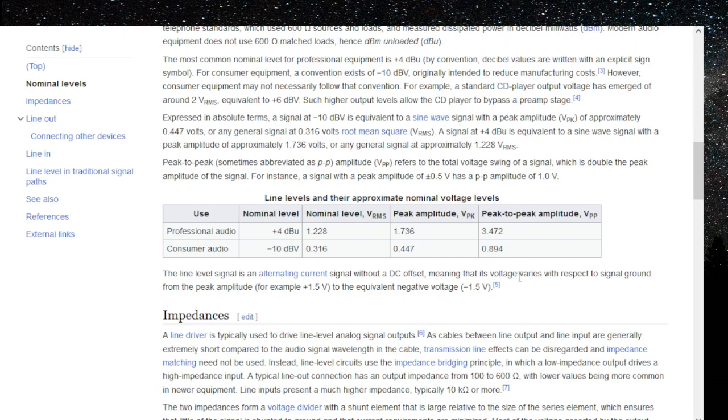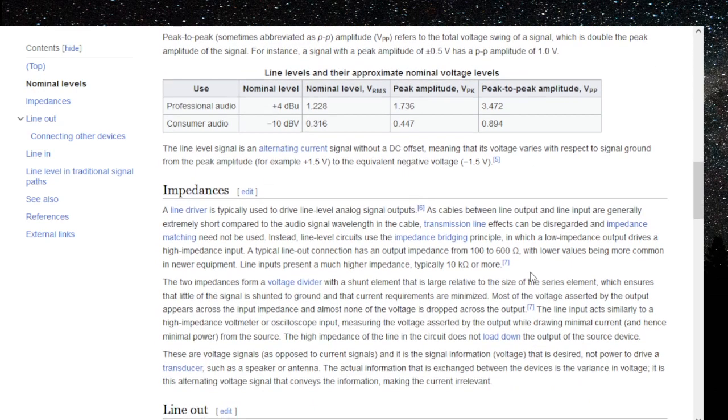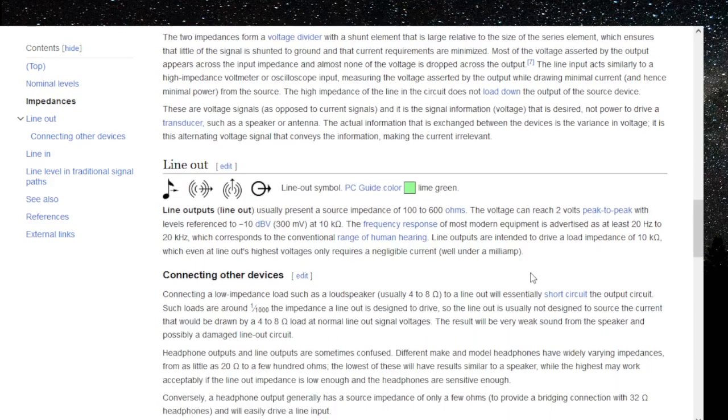I'm looking at the DC output, and a line out usually presents a source impedance of 100 to 600 ohms, etc. Minus 10 dBV. The frequency response of most modern equipment is advertised as 20 hertz to 20 kilohertz, which corresponds to the range of human hearing. That's something we can test.